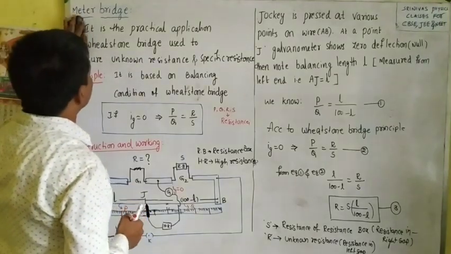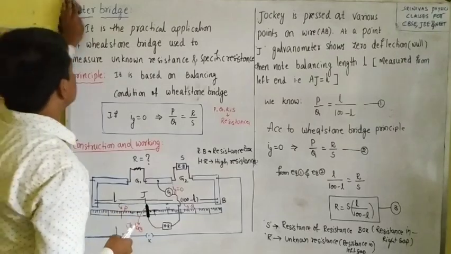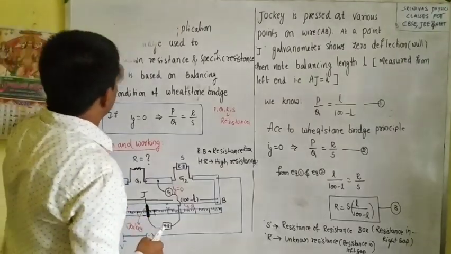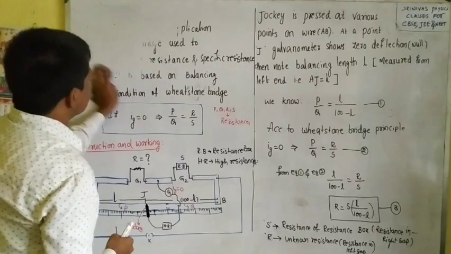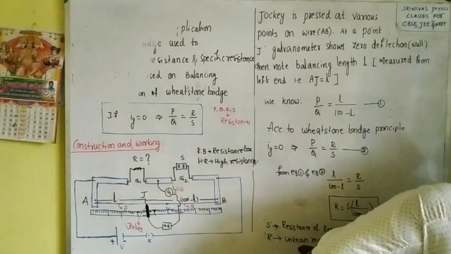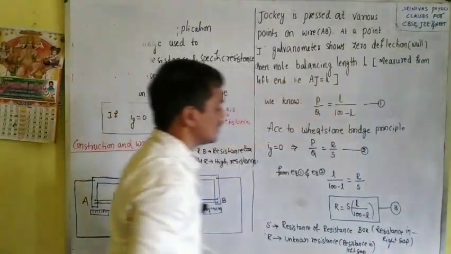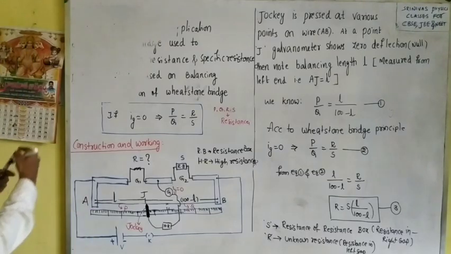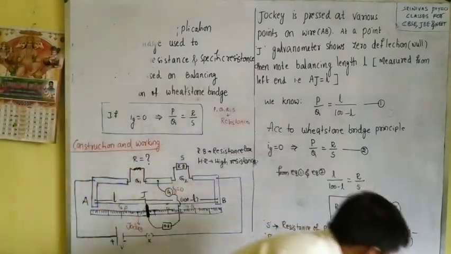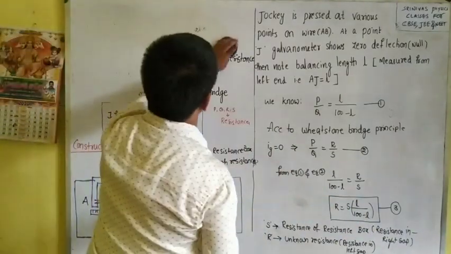Now I will continue. You can take a screenshot and write the notes. Let us see what L is in this. L is the balancing length. Balancing length is taken from the left end.